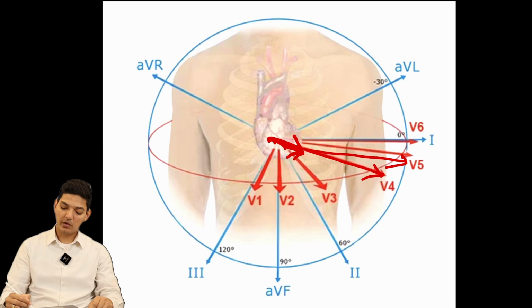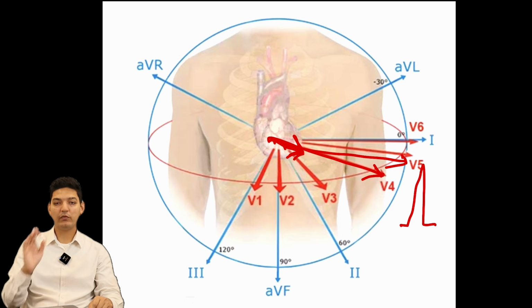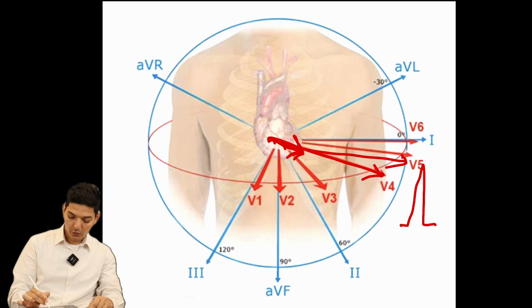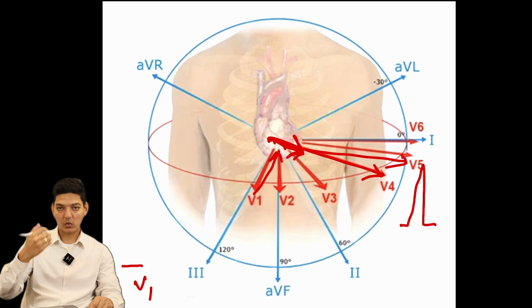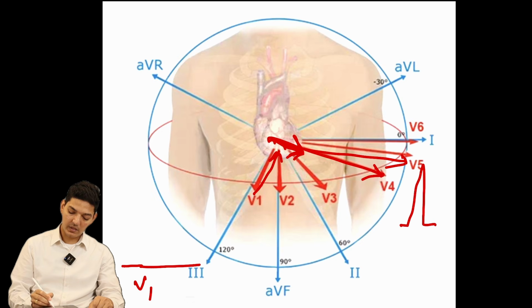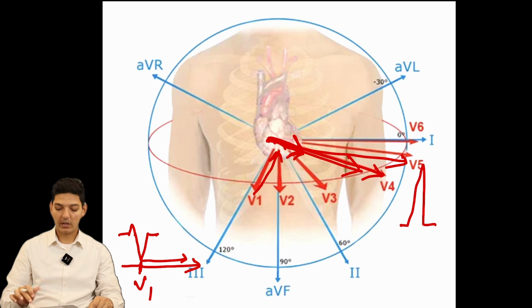That means the R wave will be most positive in V4 or V5. If you look from V1, initially there is a small wave that V1 perceives as coming towards it, and then there is a wave that is going away from it. So V1 till this point will have a positive deflection, and from this point onward it will have a big negative deflection, which is a normal finding for precordial leads.